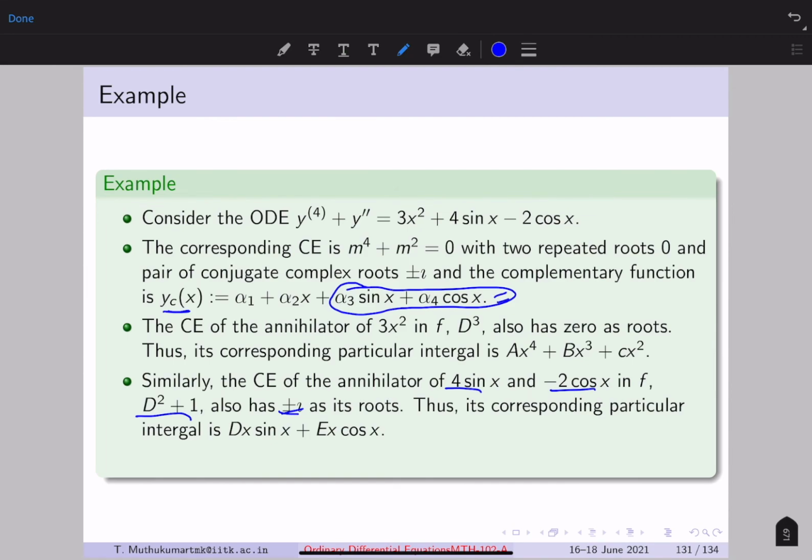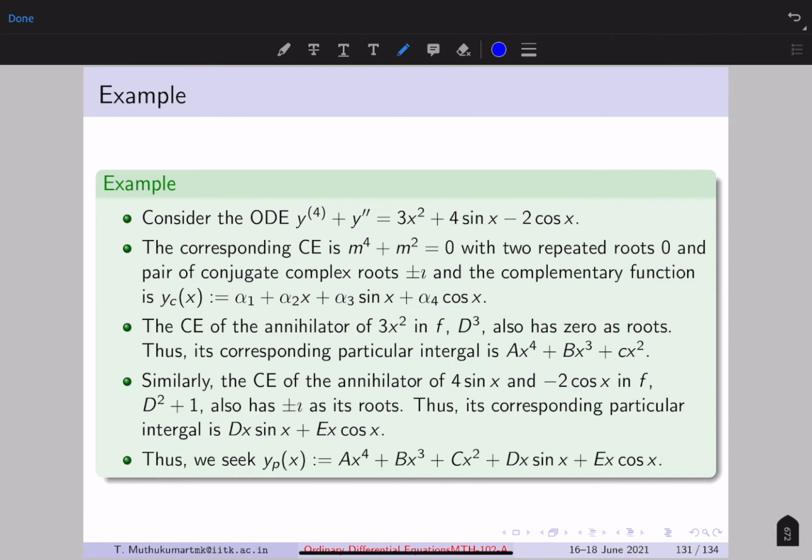So you do it with a multiple of x, so a linear combination of sine and cos multiplied by x. Okay, so your yp is this and this, so your yp is the sum of this and this, so you have a, b, c, d, e, so you have 5 coefficients which are undetermined coefficients. This is the yp that you need to find.